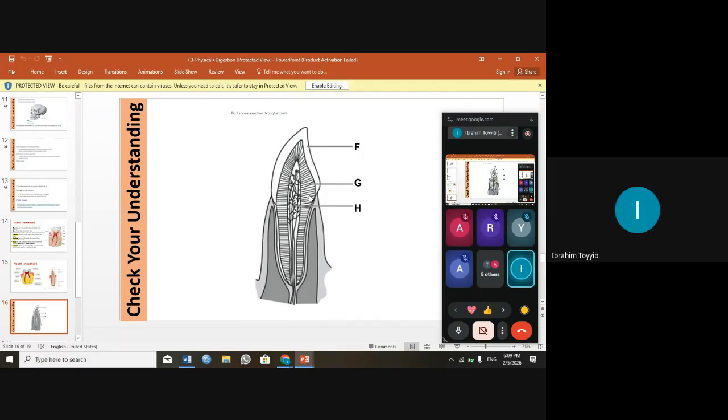The part labeled G. Dentine. Dentine. The part labeled H. Pulp cavity. So we have the pulp cavity, with nerves inside it. This place is the cement, and we have the gum. So you know it like that.